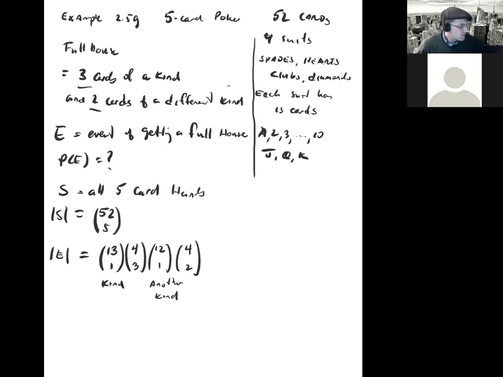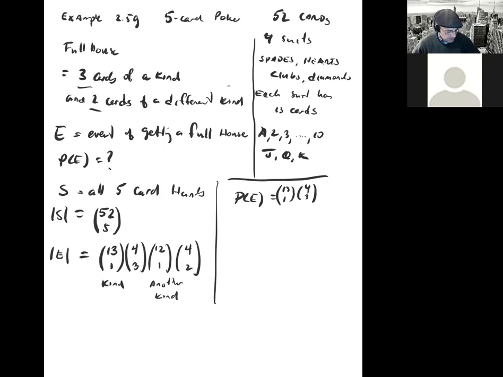And so the probability of E, let me do that over here, is 13 choose 1 times 4 choose 3 times 12 choose 1 times 4 choose 2 over 52 choose 5.